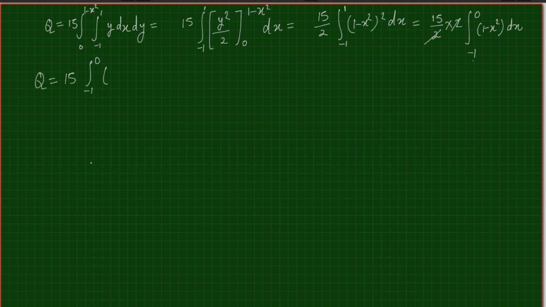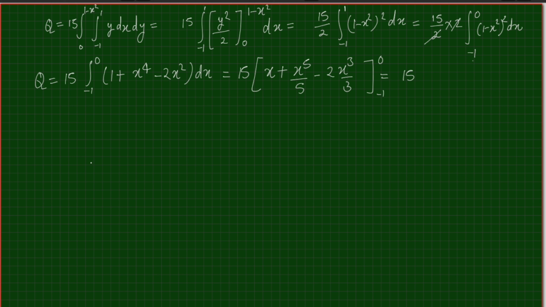Okay, this is the whole square here. So open the square: integral of (1 plus x to the power 4 minus 2x square) dx. The integral will be x plus x to the power 5 divided by 5 minus 2x cube divided by 3, from minus 1 to 0.